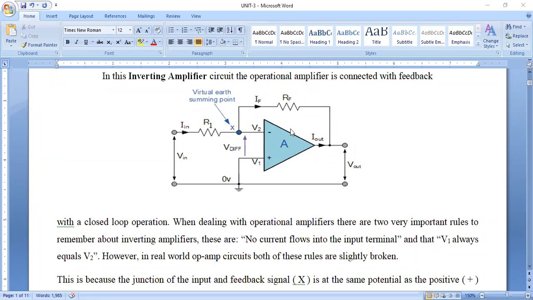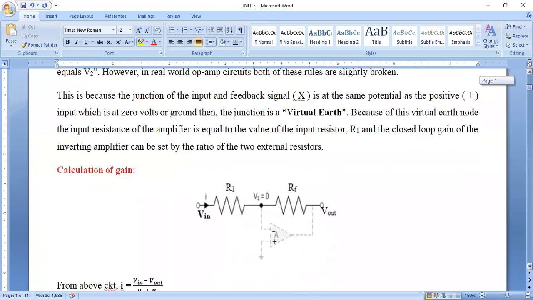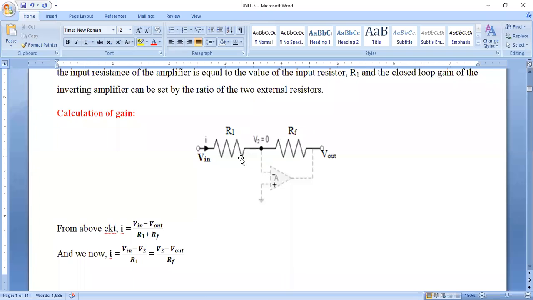If we explain the equivalent circuit of the inverting operational amplifier, see, this is the equivalent circuit. R1 resistance with respect to RF resistance, where RF is the feedback resistance.